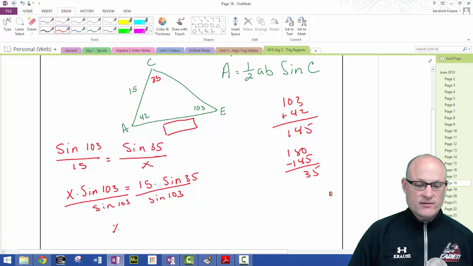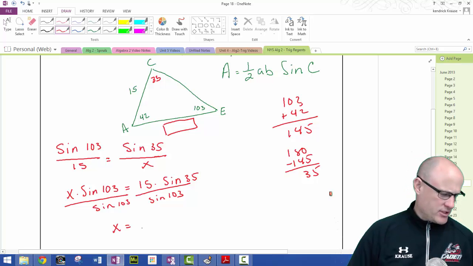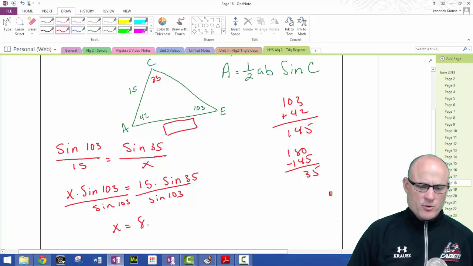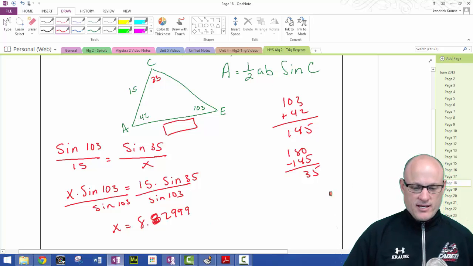And I get x equals, I think you should take my word for it, 8.2996. A real hard time writing numbers. Okay, 8.82996. Okay, so now I have this side.